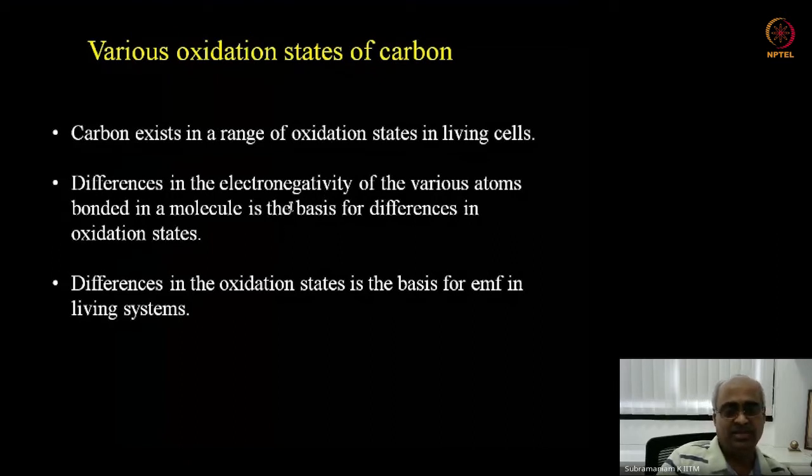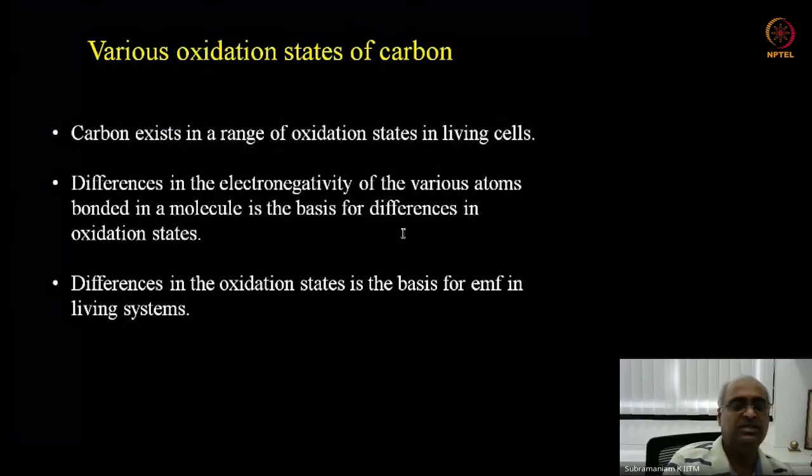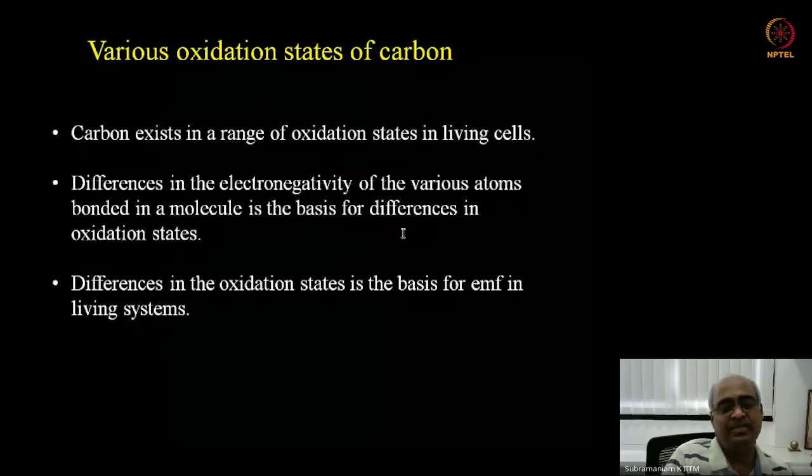And the basis for this is the relative electronegativity. Like if you have carbon bonded to hydrogen, nitrogen, phosphorus, sulfur, oxygen, depending on that, the relative affinity will keep changing because the electronegativity of these atoms vary.